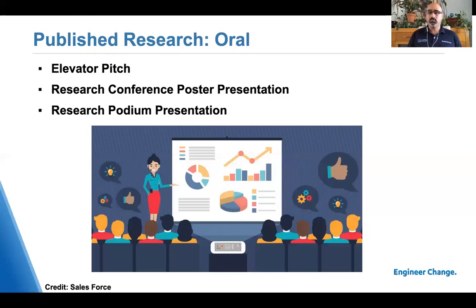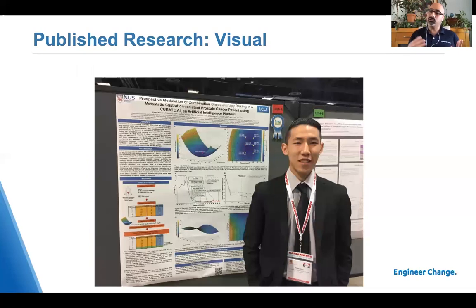So that's oral, okay? Visual is, of course, the poster itself, which is what this workshop's all about. We'll get into a whole lot more detail about the poster, but basically, in a nutshell, it is a visual story of your research project, right? From beginning to conclusions and next steps. There really is no end to a research project. I mean, I guess there is.